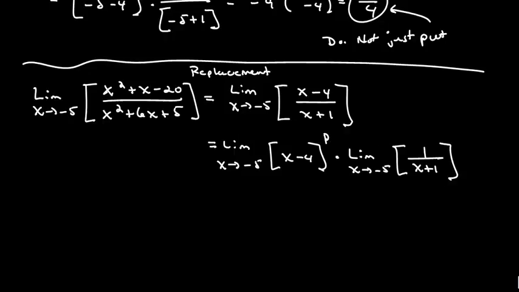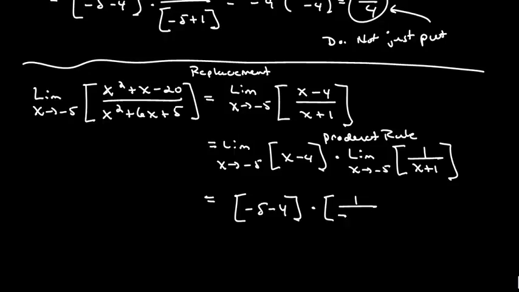This is by the product rule. And then that is equal to negative 5 minus 4 times 1 over negative 5 plus 1.